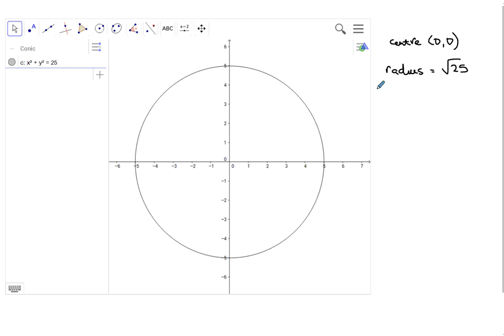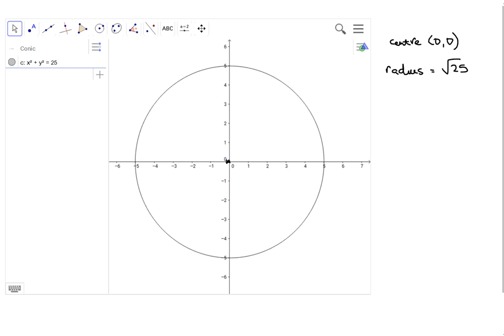So that 25 is actually radius squared. You can tell that's the center there, and then the radius is 5. This one's the easiest one to remember. As long as you remember this one, a lot of questions have the center at 0, 0.